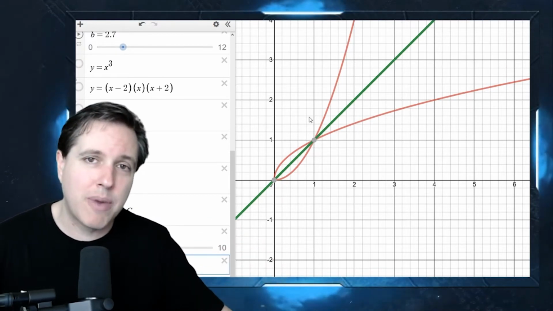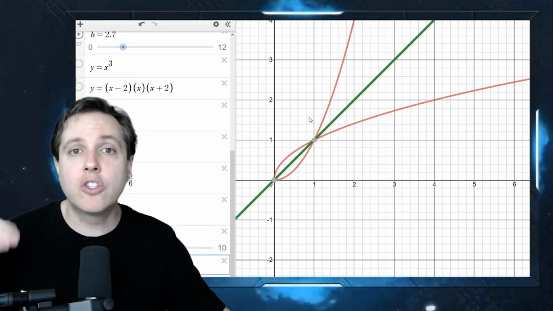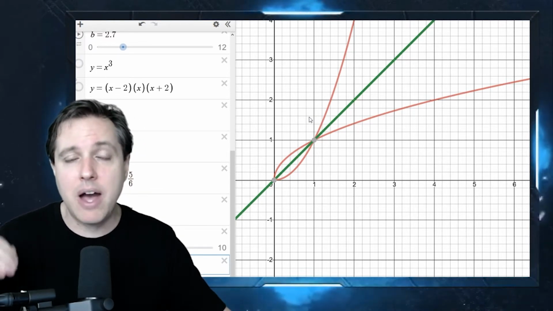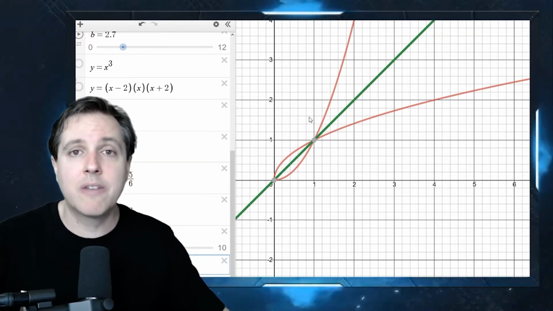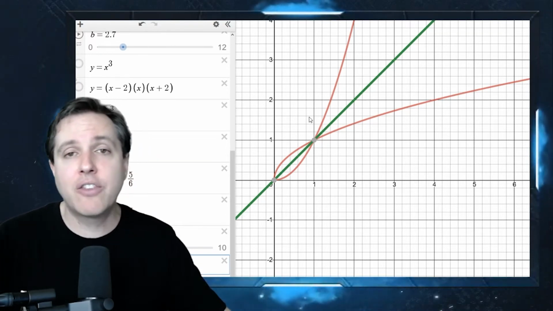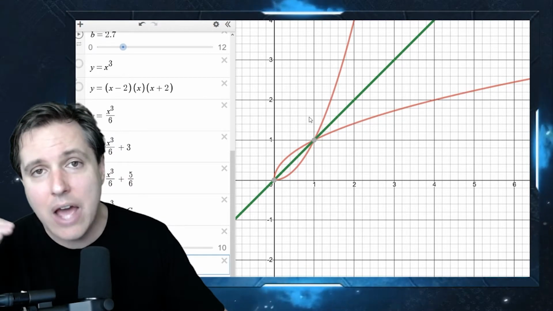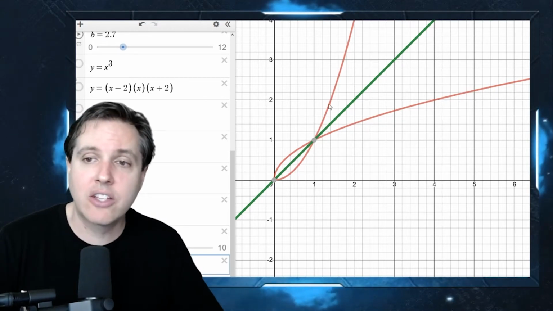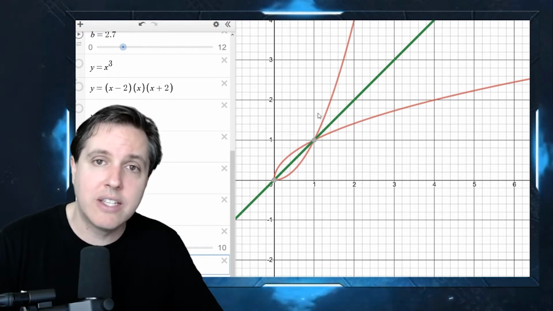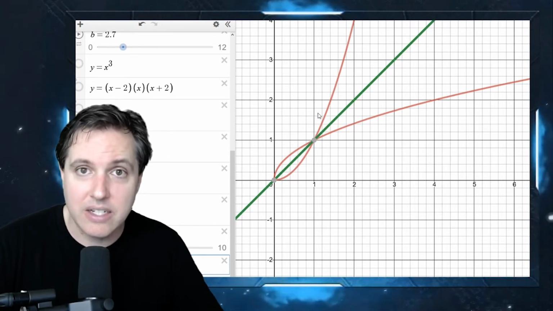So you have to think about this on a couple levels. The slopes of the tangent lines being positive are telling us that the original functions are increasing. But if we look at the fact that the rate at which they are increasing is increasing, that's what we see here on the x squared. The rate of increase is increasing, right?